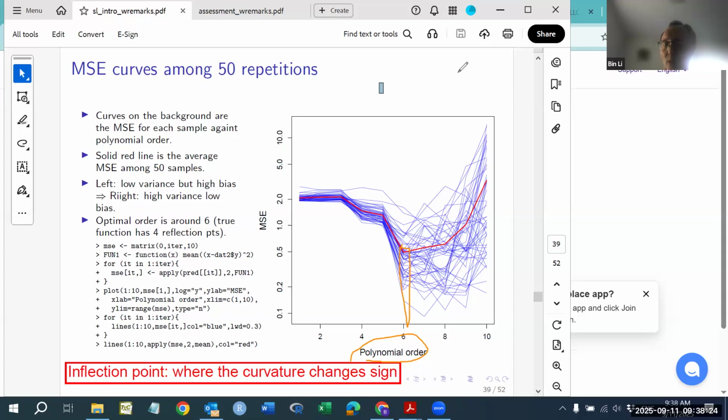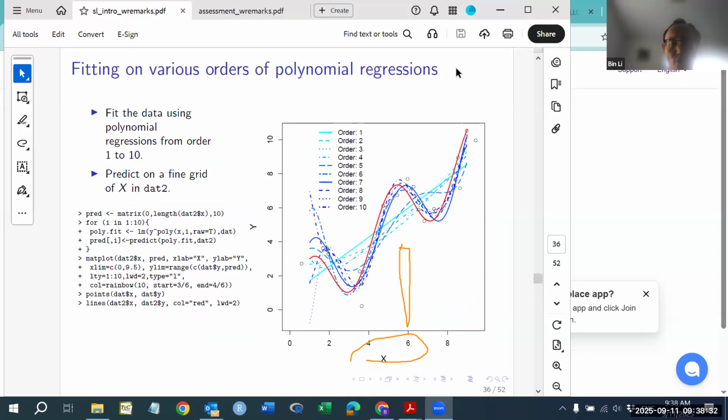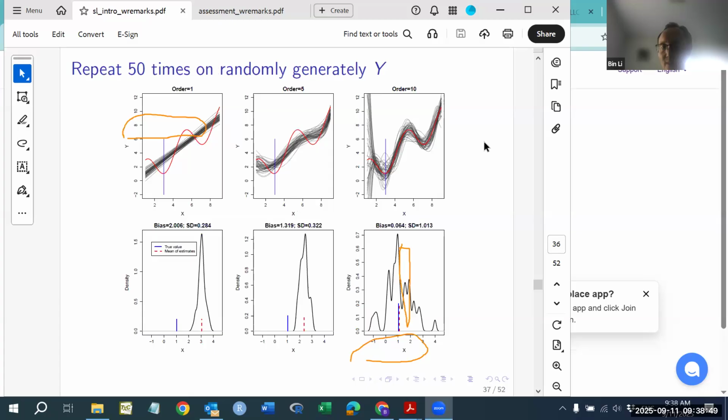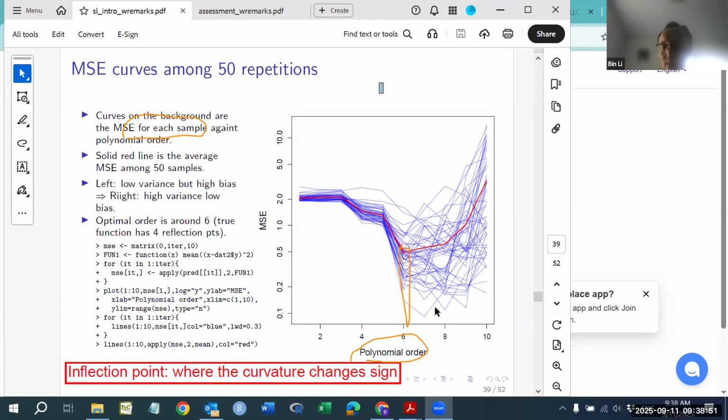So why is this the one? Because the true function is this one, between 1 and 10. It has 4 inflection points, which agrees with the polynomial of order 6, which also has 4 inflection points.